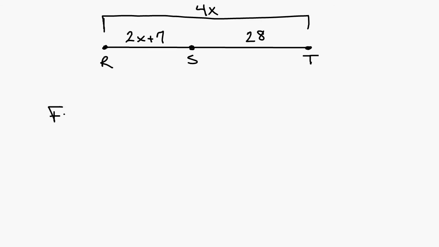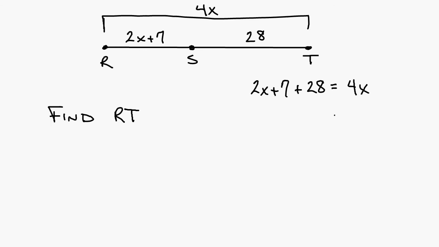You're asked to find RT. So if you take this and you use the segment addition postulate, you can set up an algebra problem. The little piece, which is 2x plus 7, plus the other little piece, which is 28, is equal to, what would that be equal to? 4x, very good, the entire piece.